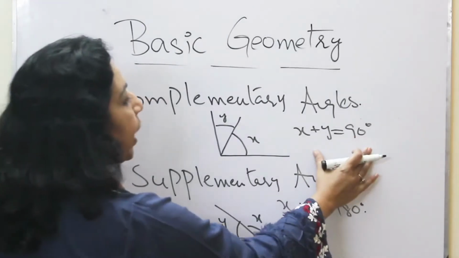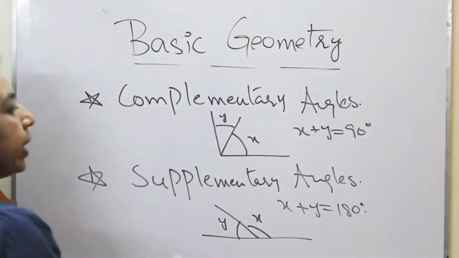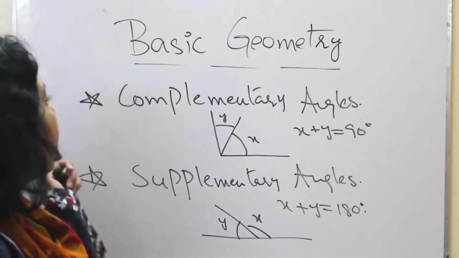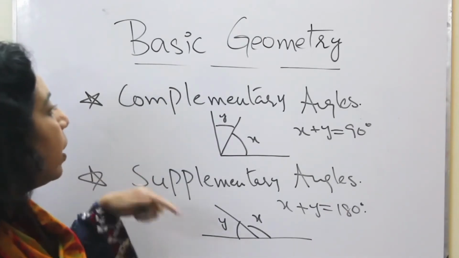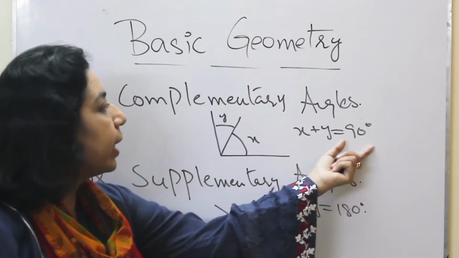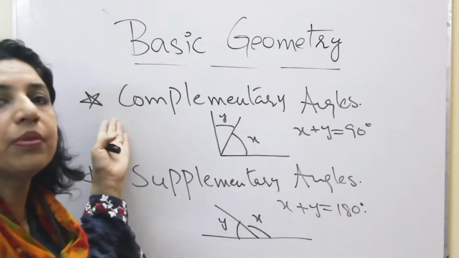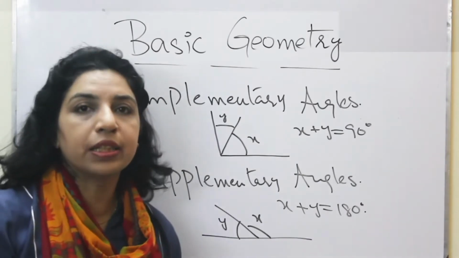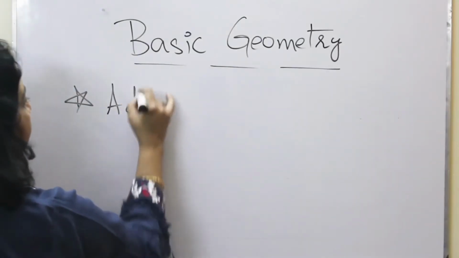If the sum of 2 angles is 90 degrees, then they are complementary, and if the sum of 2 angles is 180 degrees, they are supplementary angles. Here again you can remember it this way: C comes first in the alphabet and S comes later, so 90 comes first and 180 comes later in the digits. Then we have adjacent angles.